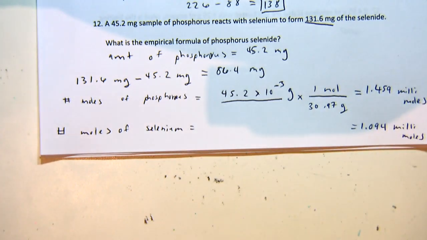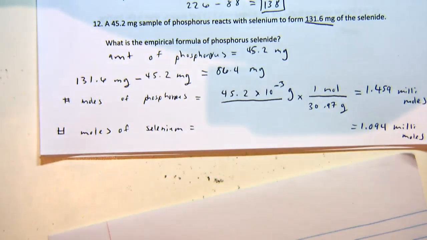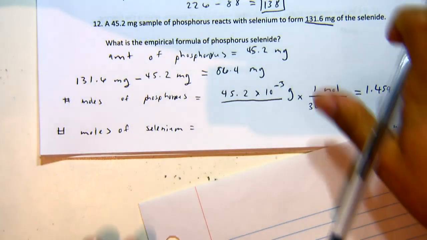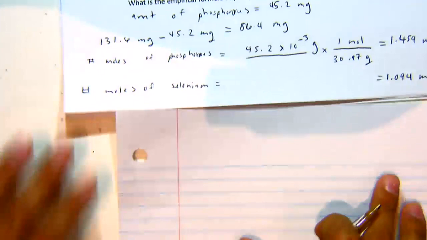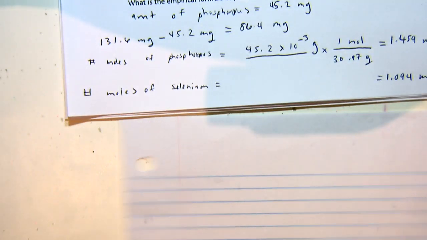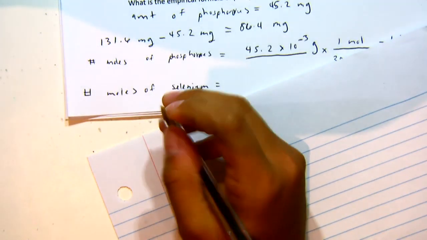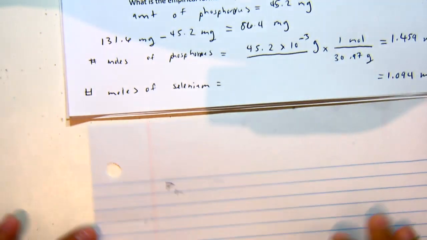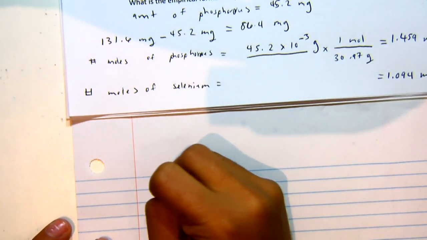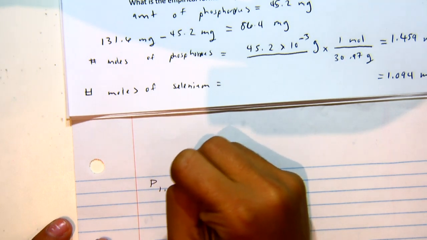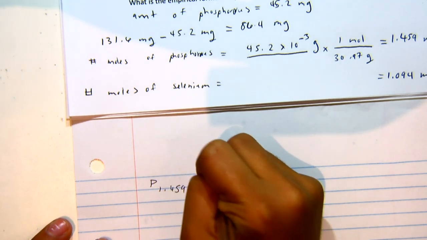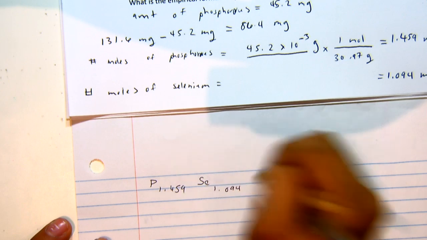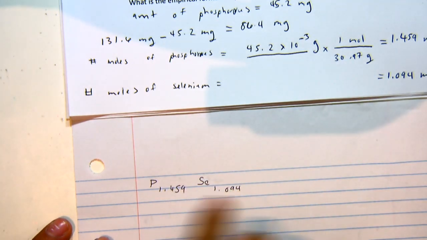So now you're going to take what you just got from these numbers and make sort of a fake formula based on these actual numbers. So this would be P times 1.459, and then selenium is Se times 1.094. But you will never see it like this. You want it in whole numbers.